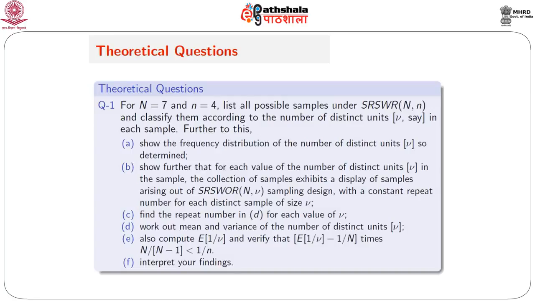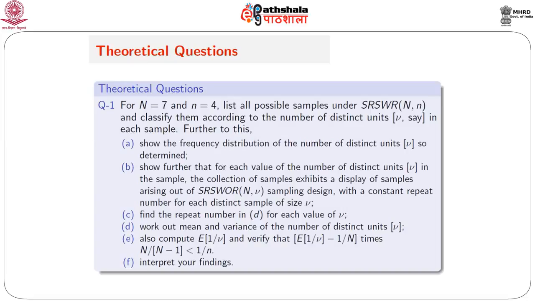Show further that for each value of the number of distinct units nu in the sample, the collection of samples exhibits a display of samples arising out of SRSWOR, capital N, nu, sampling design, with a constant repeat number for each distinct sample of size nu. Find the repeat number in each case for each value of nu.